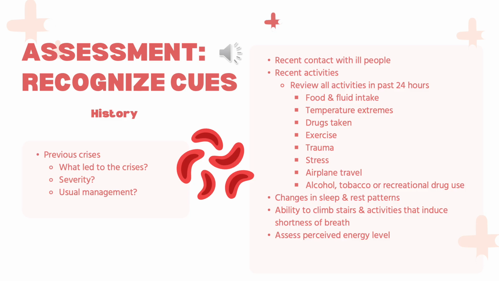So essentially the scale is how exhausted are you. So this helps to quantify their fatigue and their overall well-being. So by carefully recognizing these cues from their history, we can identify any potential triggers so that we can intervene early and provide appropriate care.